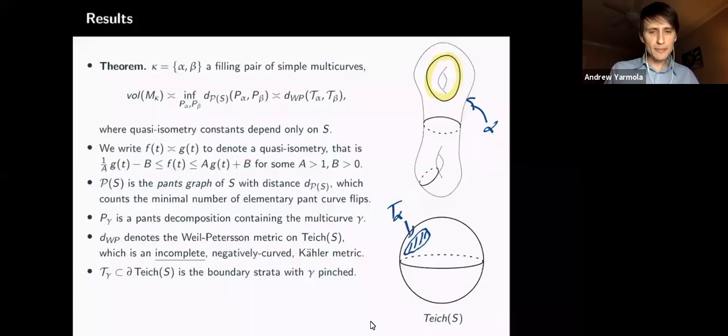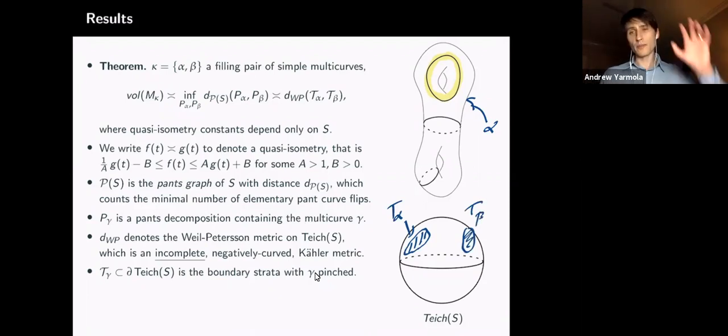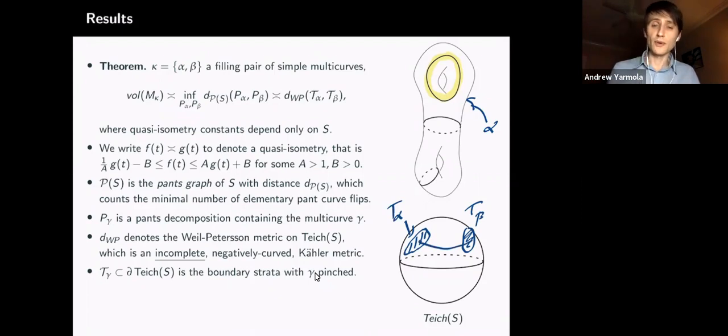Now, what our theorem says is that the distance between these strata for pinching alpha and pinching beta, which happens to be finite, and it was of course known to be finite, is exactly quasi-isometric to the volume of the manifold in question.